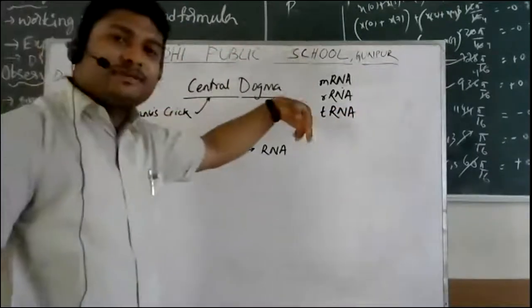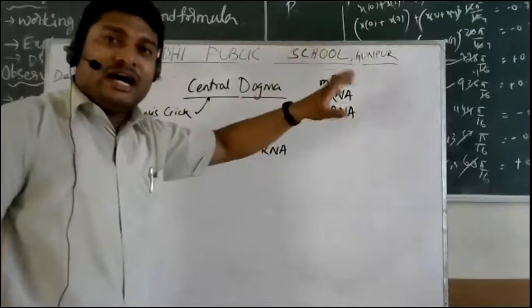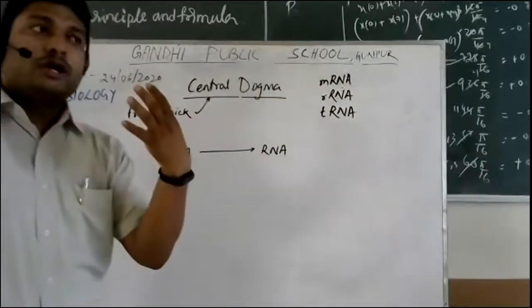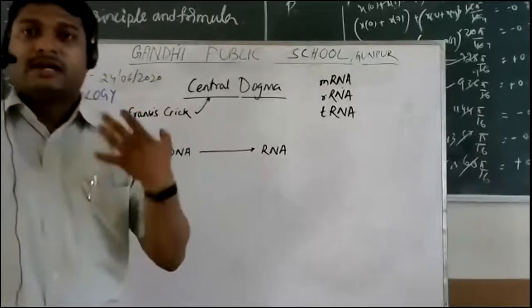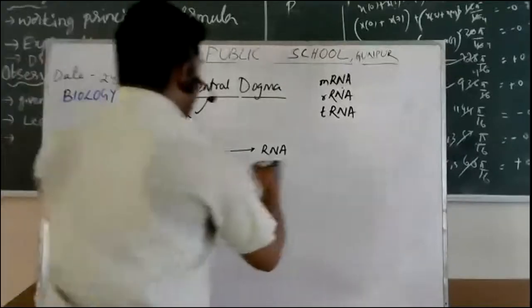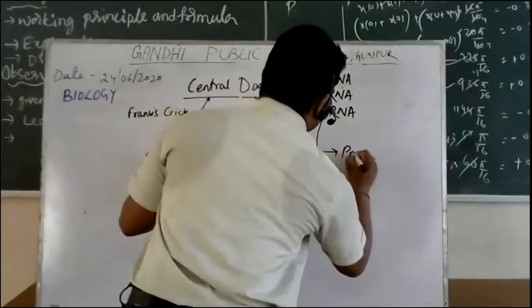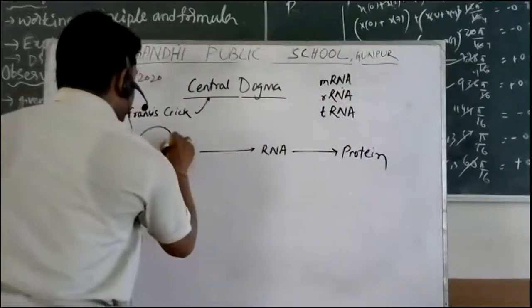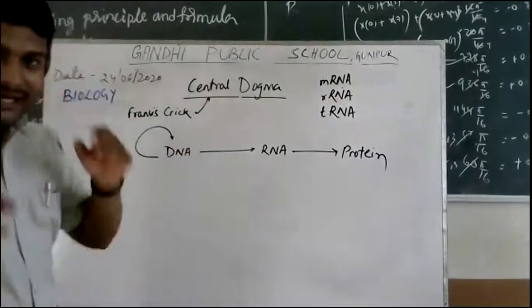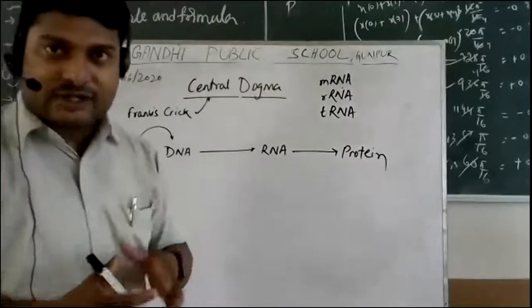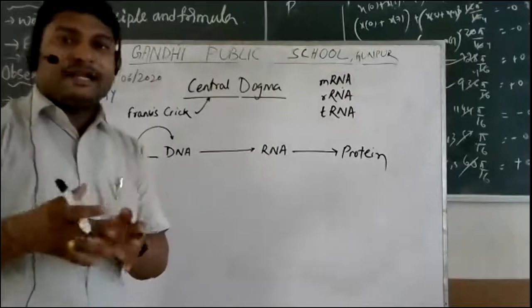We have different types of RNA, and these three are very important when we talk about the central dogma processes: DNA replication, transcription and translation. DNA gives rise to RNA, RNA gives rise to protein. DNA is going to maintain itself whenever it has to duplicate, have additional copies, or repair damage.